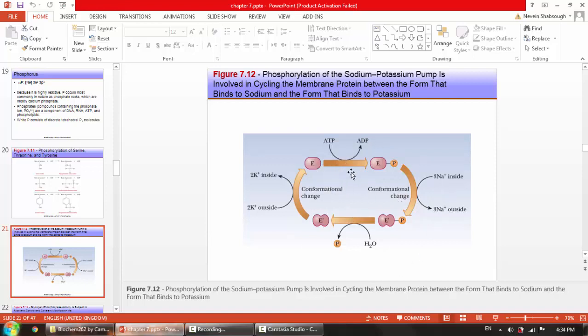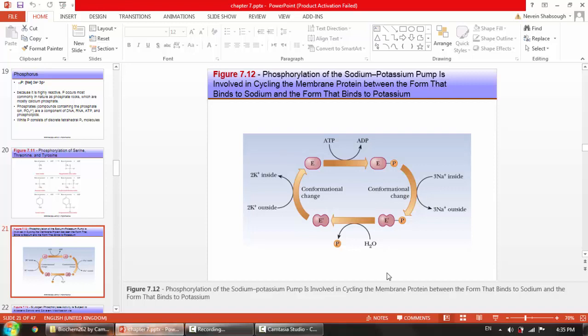In this mechanism, 3 sodium ions go outside and 2 potassium go inside. The details are not required at this stage, only that you should know that the sodium-potassium ion pump is an example of an enzyme or protein that can be controlled by phosphorylation.